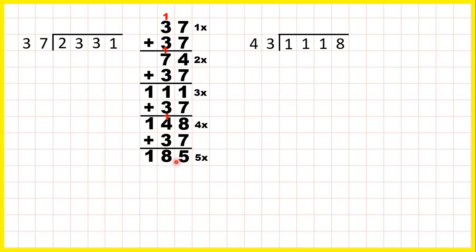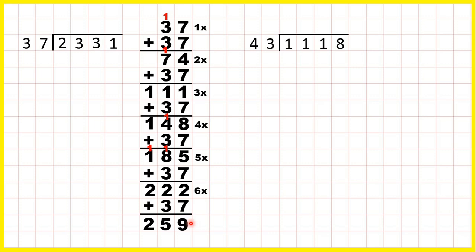But 185 isn't close to 233, so we need to keep going and add another 37. That gives us 222 for 6 times, which is close to 233. But to be sure, we can add another 37 and we get 259 for 7 times.